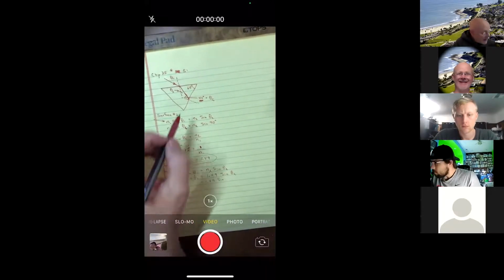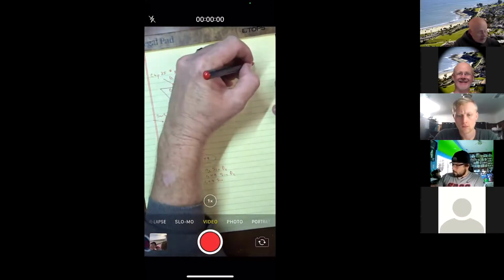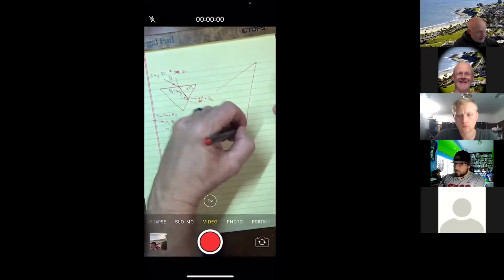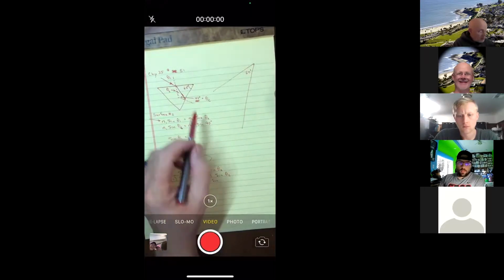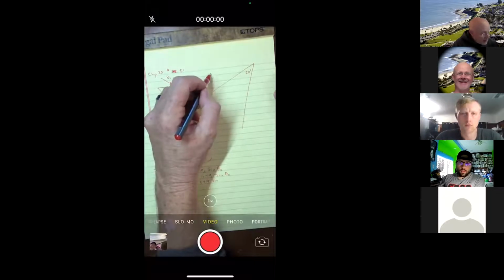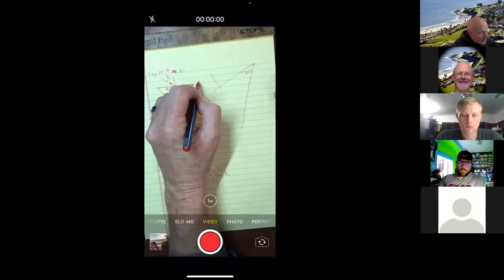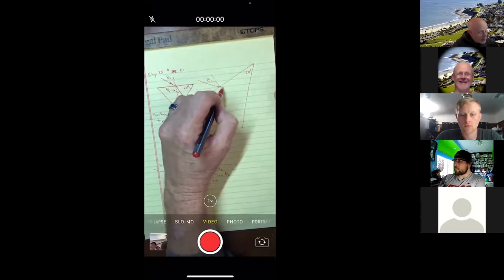So I'm going to come back up here, and so you guys can see it a little better, I'm going to make that 60-degree angle a little bigger. This coming in is my theta 1, and it bends.